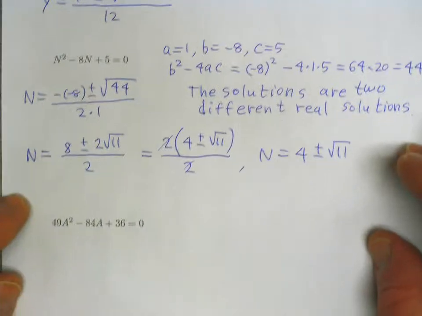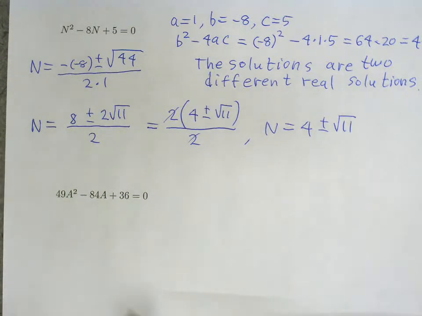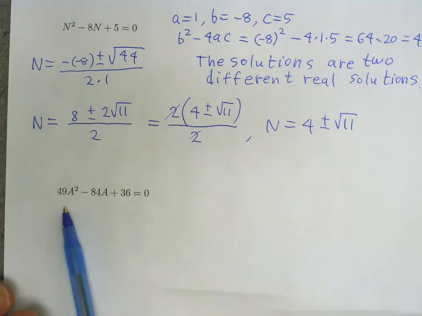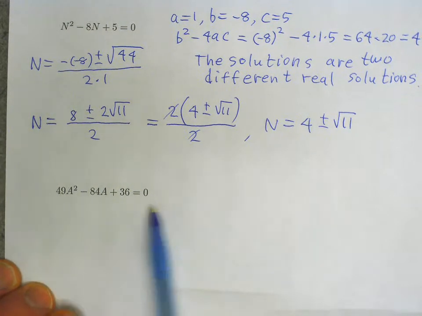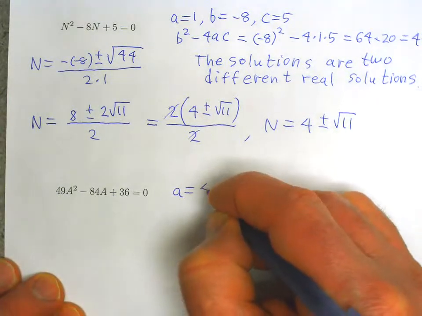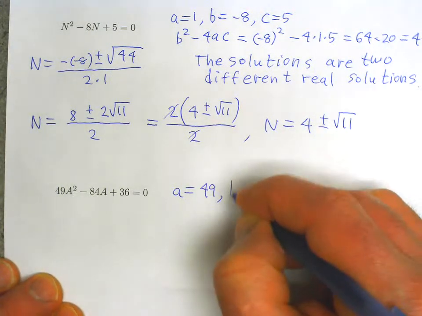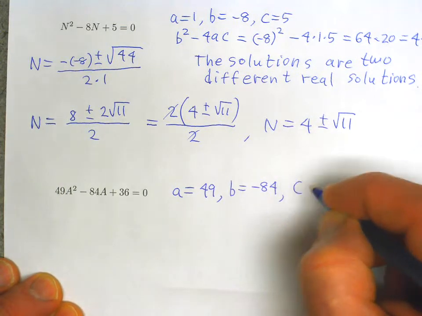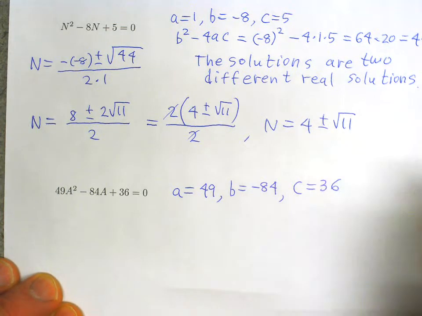Okay, the next example, here's a quadratic equation in the variable capital A. So capital A is distinct from lowercase a. And it's in standard form, so A is 49, B is negative 84, and C is positive 36.